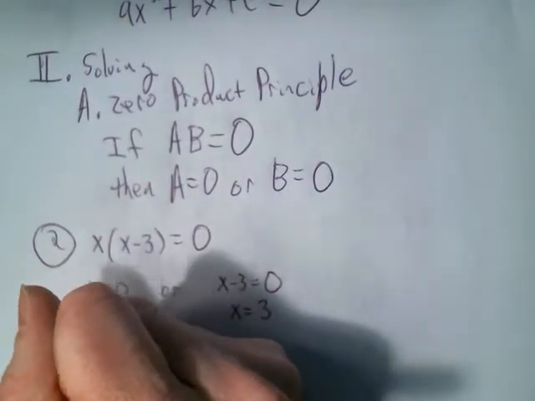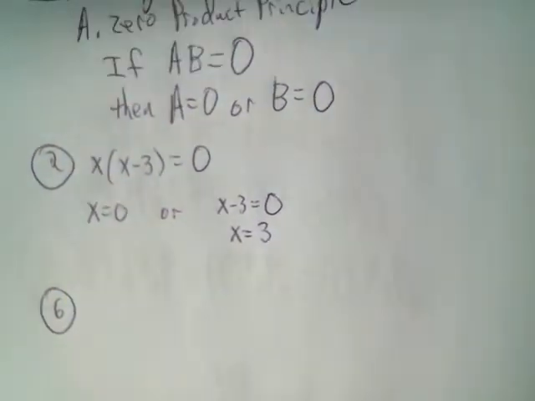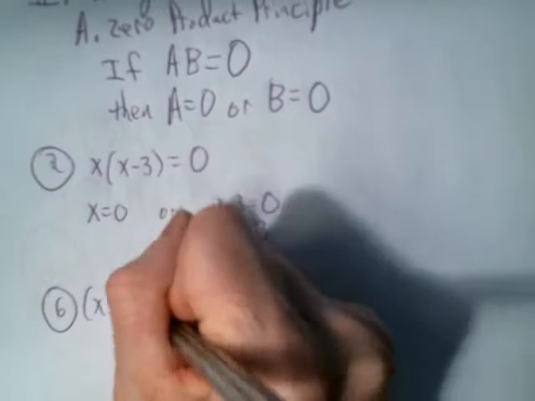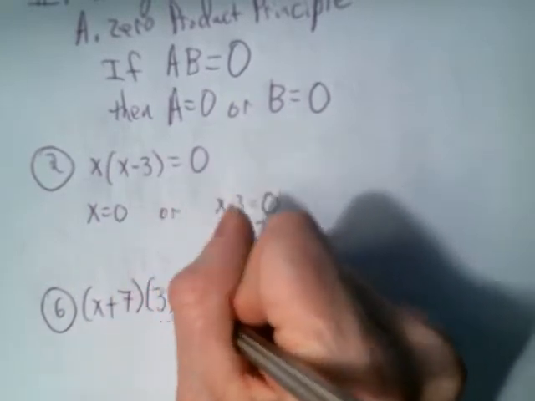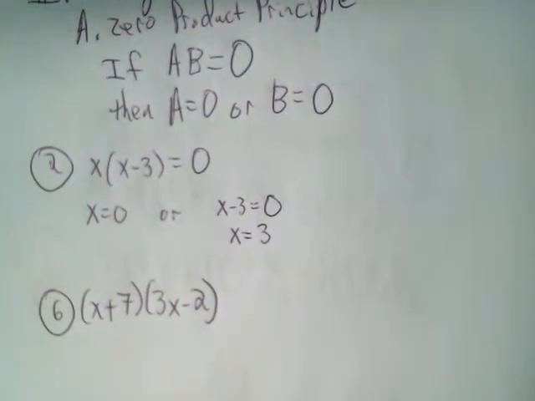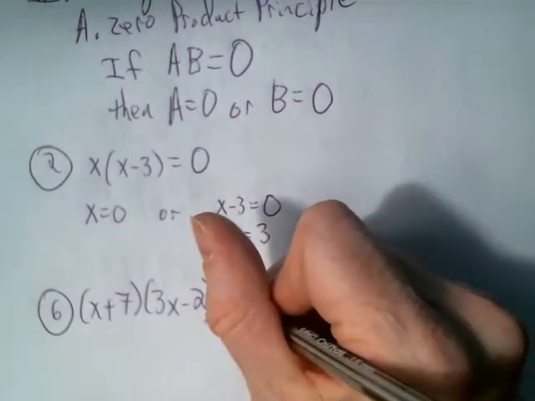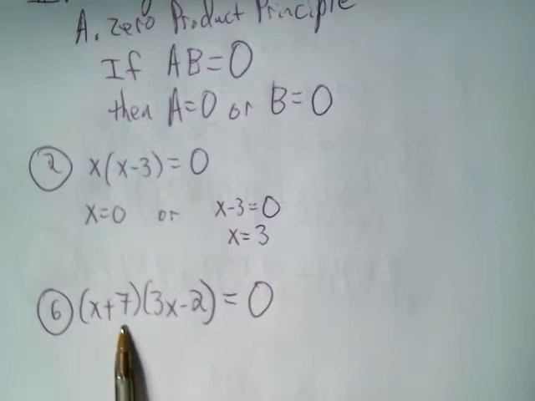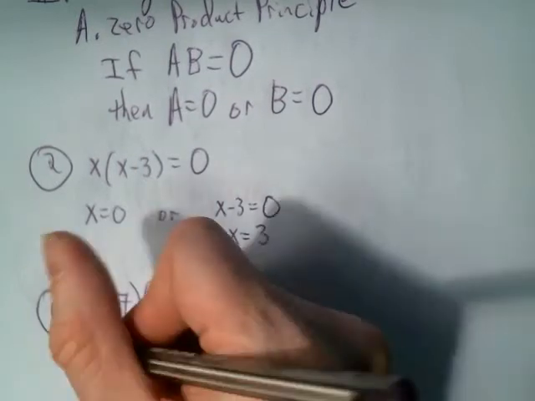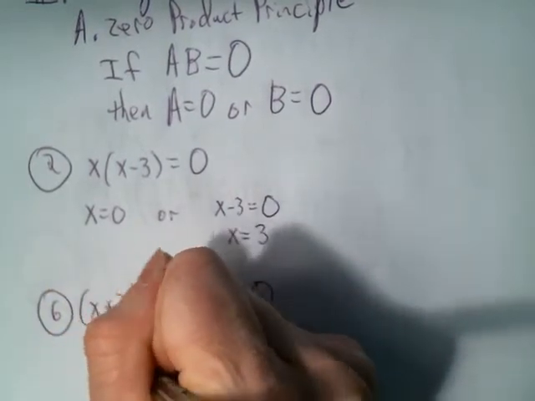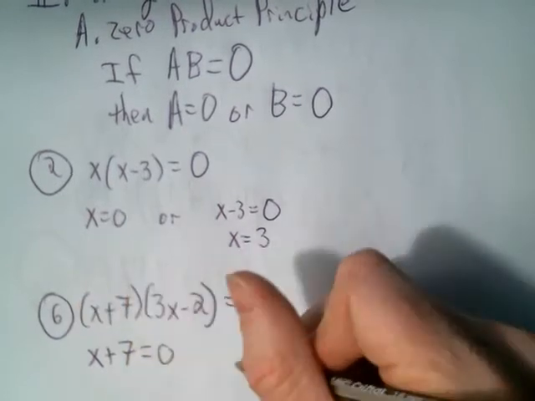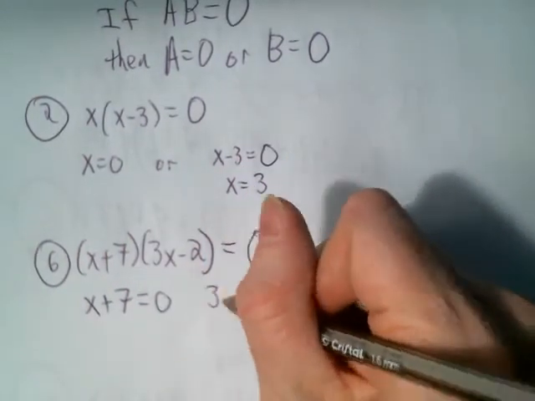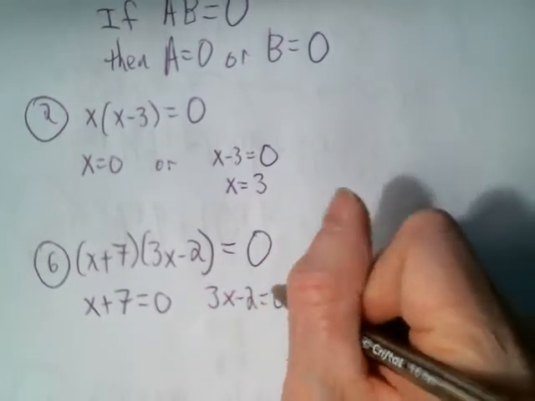Let's keep moving. So here's number 6. We have two binomials multiplied by each other equaling 0. So it's as simple as just taking each part and putting it equal to 0 and solving two mini equations. After a while, you'll be able to just look at it and read off the answers. I never do, but some people do.